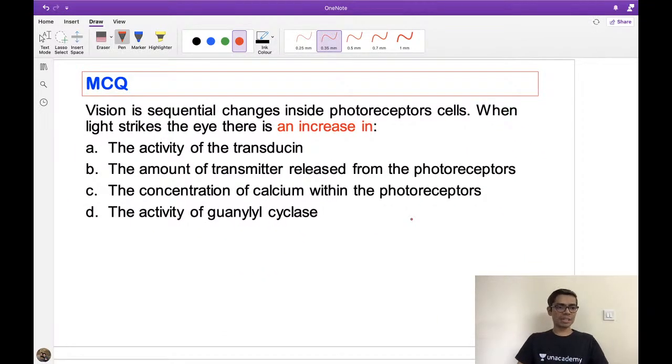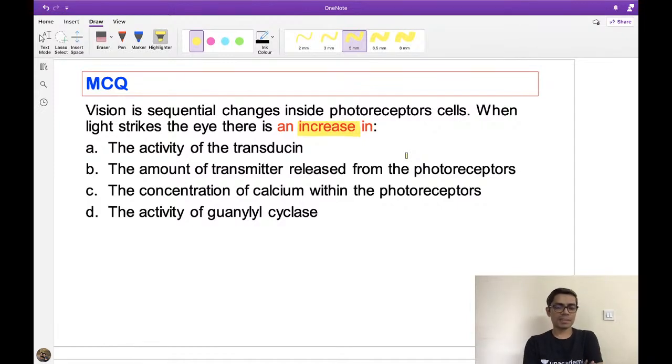Now the third question in front of you. Vision is a sequential change inside the photoreceptor cell. When light strikes the eye, which of the following increases? Try to answer, then we will discuss.